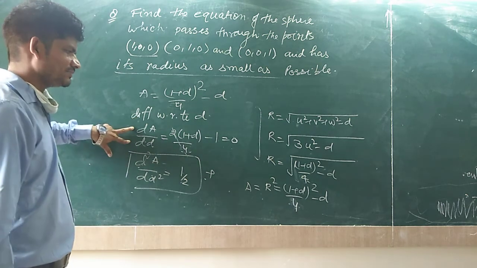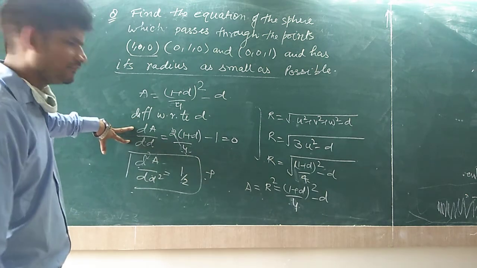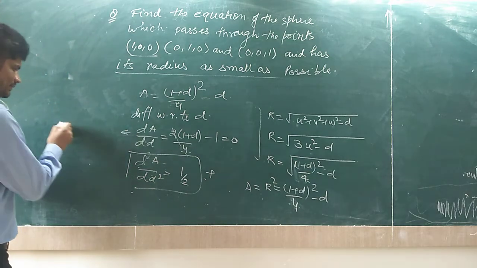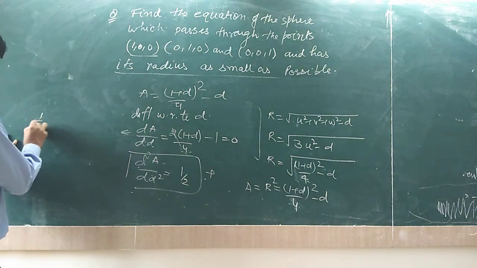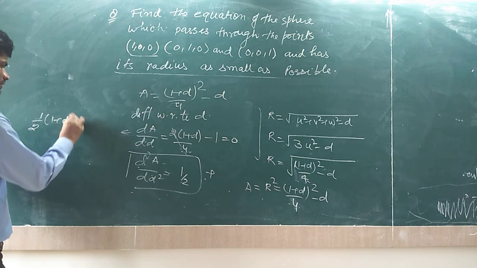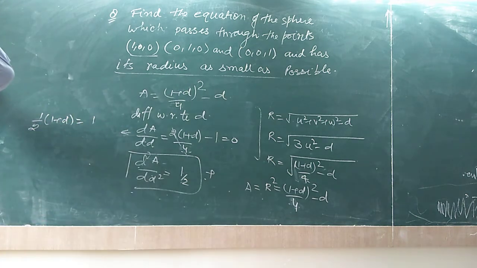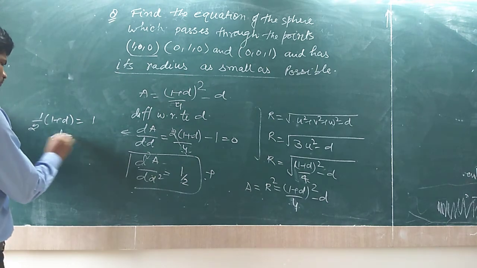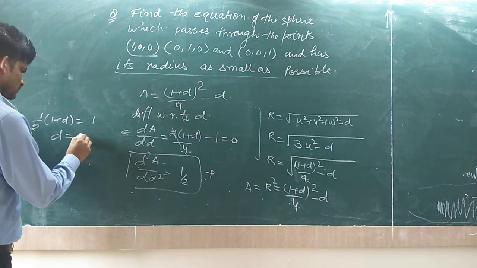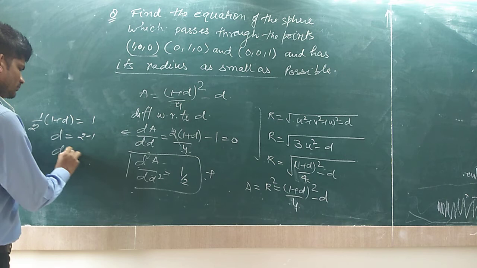The first derivative equated to 0 gives 1 by 2 times (1 plus d) equal to 1, so d equal to 1.